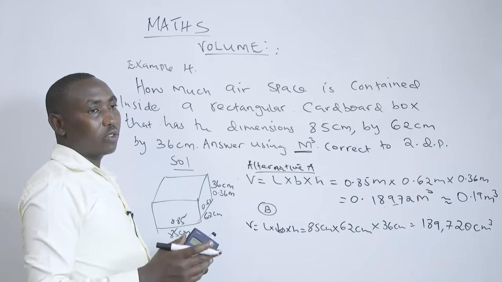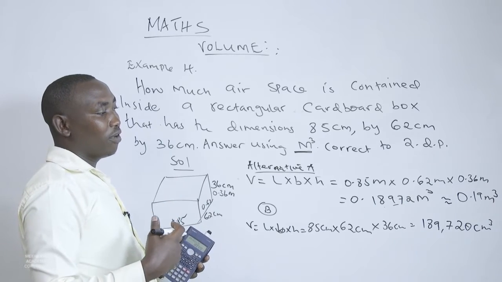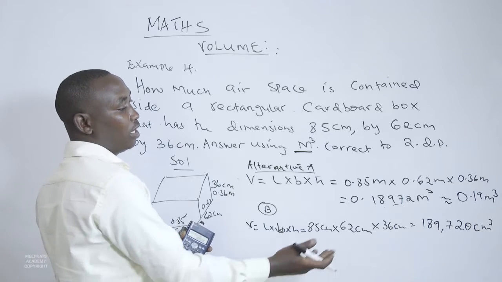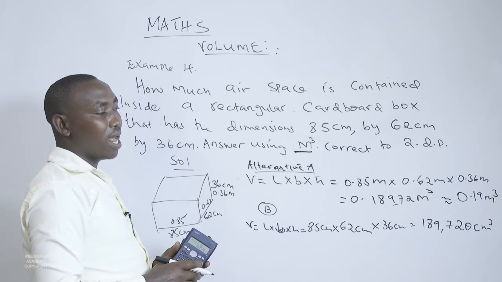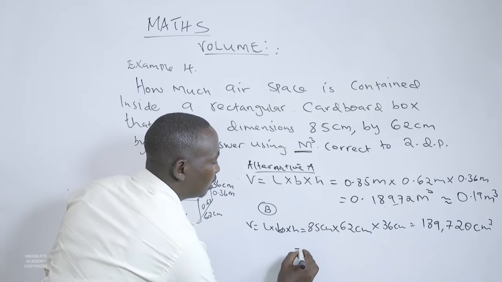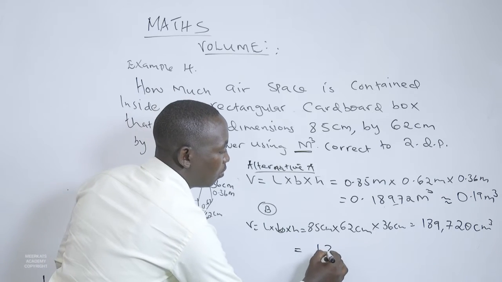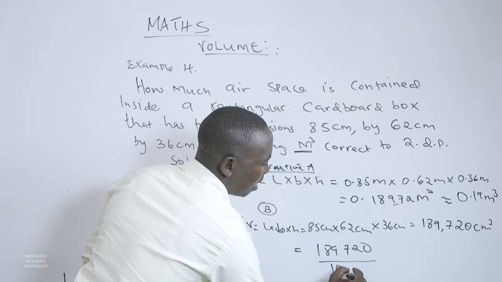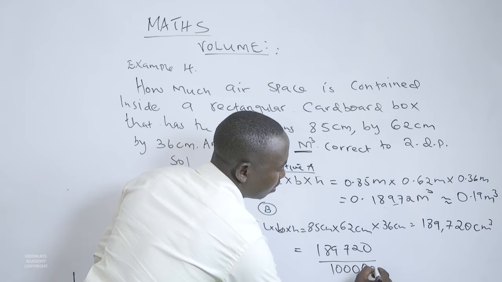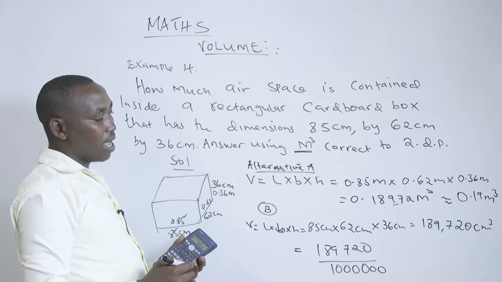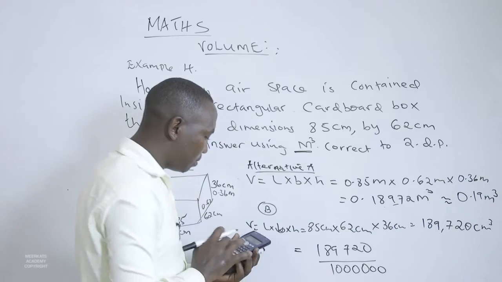And we had said that whenever you want to convert from cubic centimeters to cubic meters, we need to divide by 100 cubed, which is the same as 1 million.